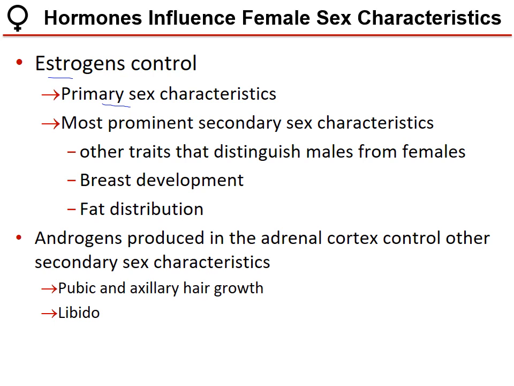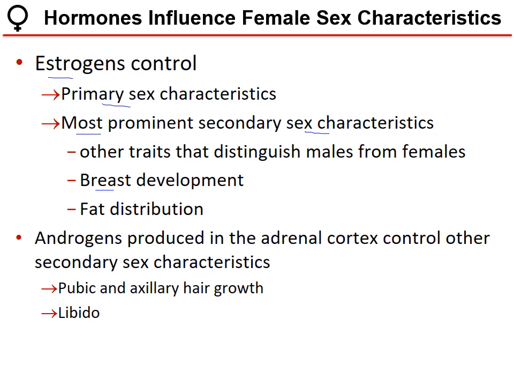So the internal sexual organ and external genitalia development and differentiation are under control of the estrogens. And then also the most prominent secondary sex characteristics, the other traits which distinguish males from females, are also under control of estrogens.